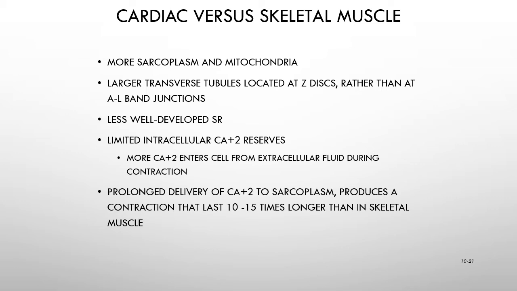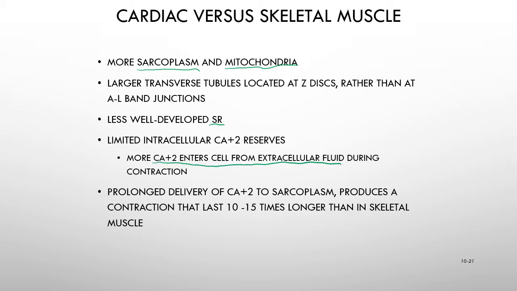Since cardiac muscle has to work all day long, it has a large number of mitochondria. The space inside the cells is relatively large, so there's a lot of sarcoplasm. It also has some things that are less. A less well-developed sarcoplasmic reticulum means that calcium isn't stored in large amounts, which means that the calcium has to enter the cell from the extracellular fluid.